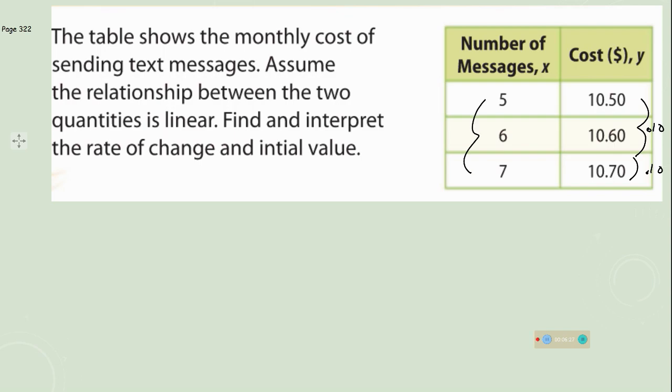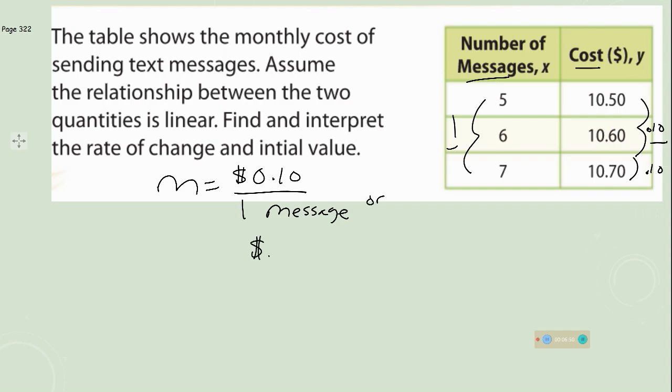And this is going up 1. What does that mean? It's going up 10 cents for every one message. Cost per messages. So m equals 10 cents for every one message, or 10 cents per message.